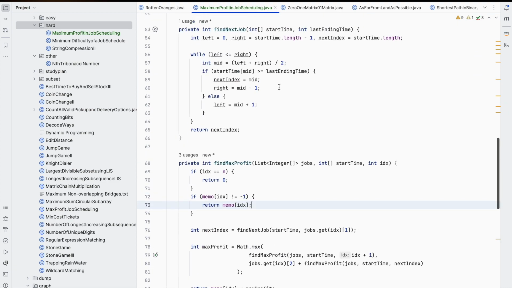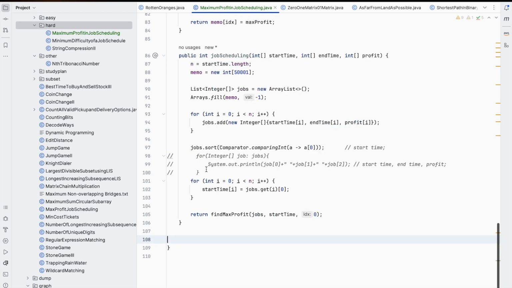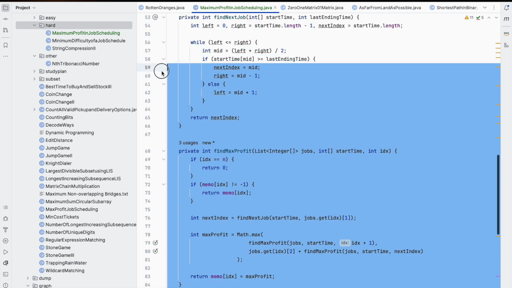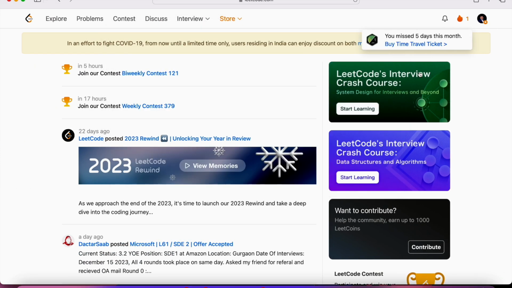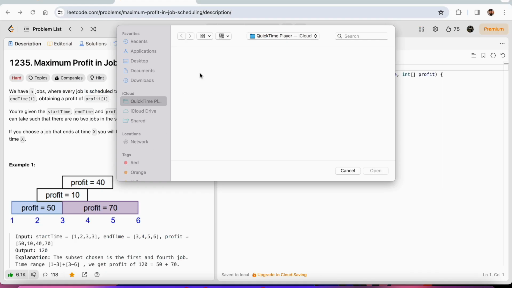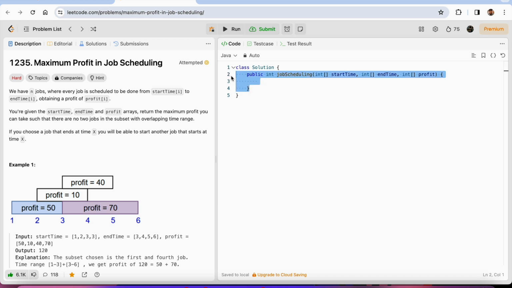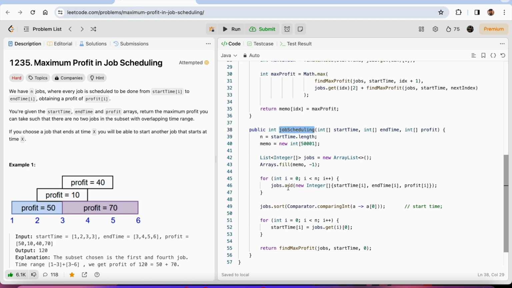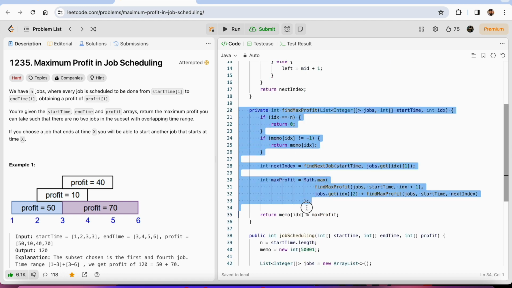Okay, so let's now try to submit it. This code I wrote in my IDE, IntelliJ. We have job scheduling, converted the jobs to a job list, sorted the list, and then found the maximum profit using dynamic programming.